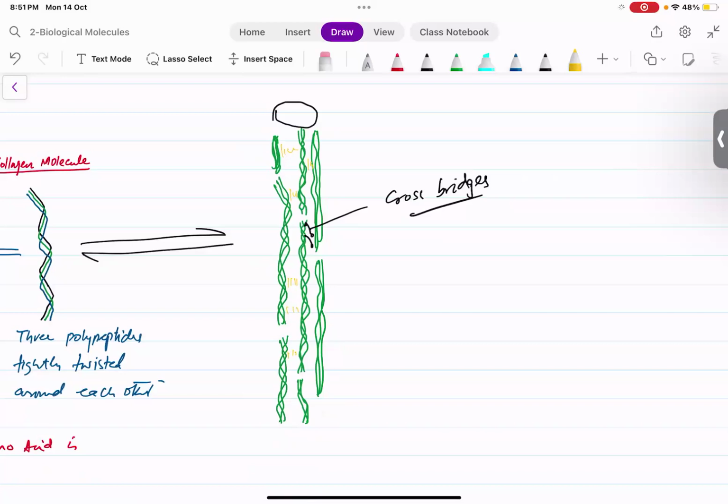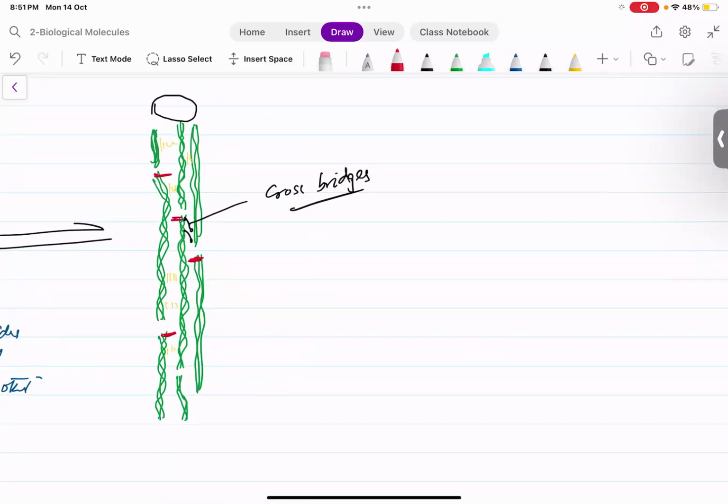And one very important structural adaptation of collagen molecules and a collagen fiber which provides high tensile strength is the ending of these collagen molecules. You see, this collagen molecule has an ending here, the other has an ending here, another has an ending here. Do you see these do not all end at the same point?